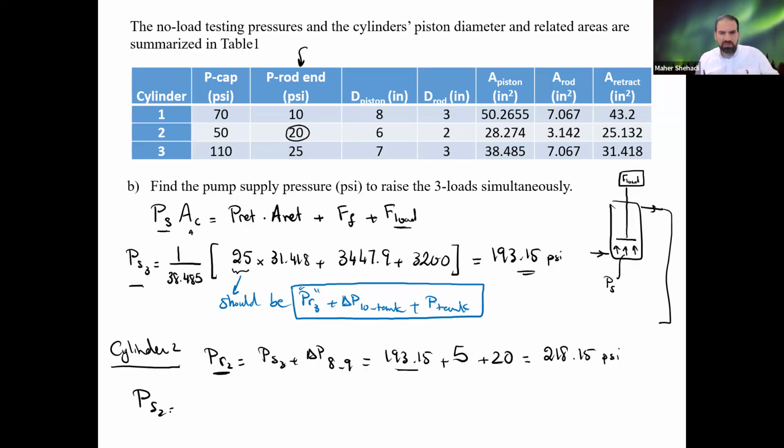Now we will do the same equation. So P supply 2 is 1 over A cap 2, the 28.274.